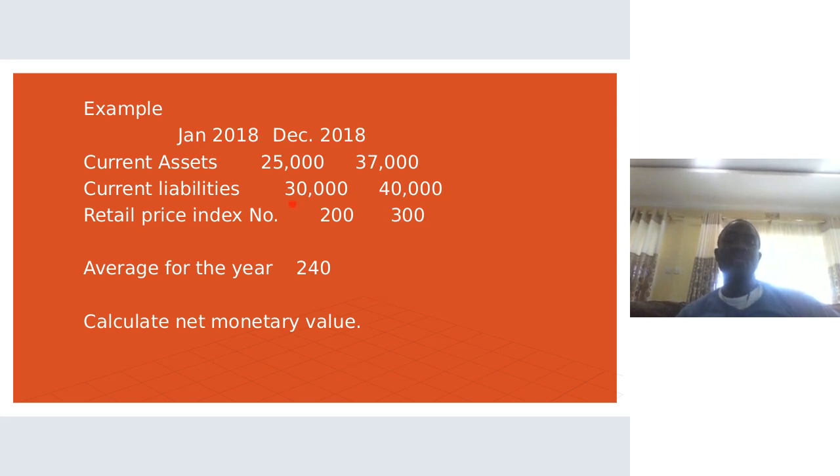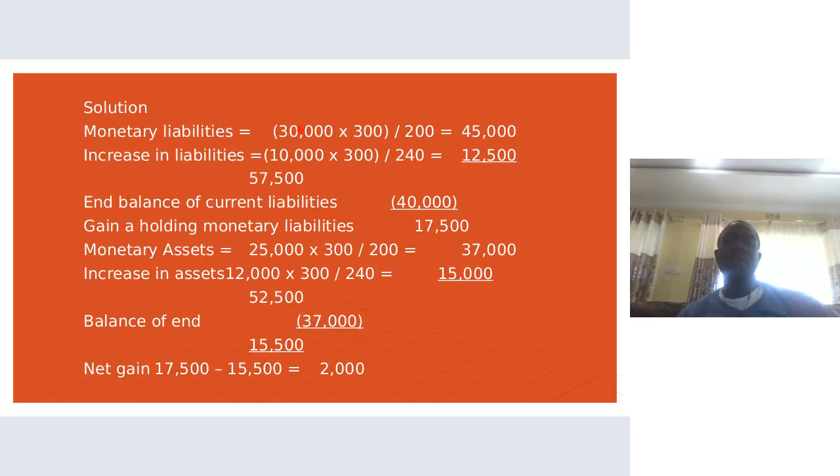So to solve that, we will now take the 30,000 times the price index in December, which is 300. Then we divide the product by 200. So if you calculate that, for those of you who are having their calculators on, that gives us 45,000 as the monetary liability.